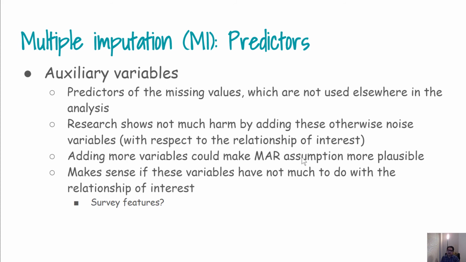So in the survey data analysis context, even say for example the strata and cluster variables can give you some geographical locations of the subjects, and that could be maybe useful for including in your imputation model as well.